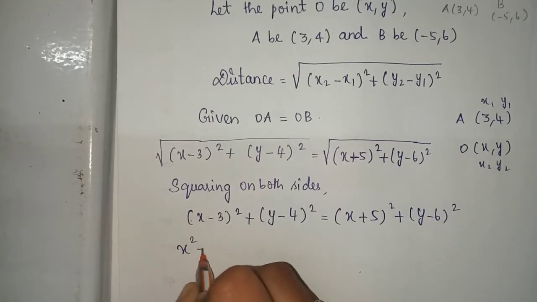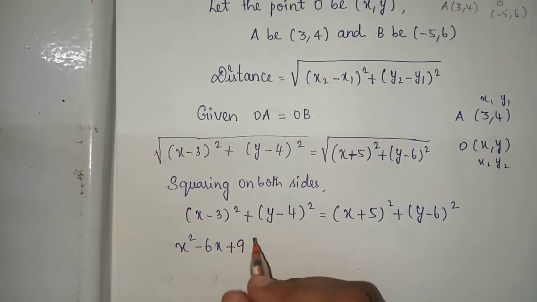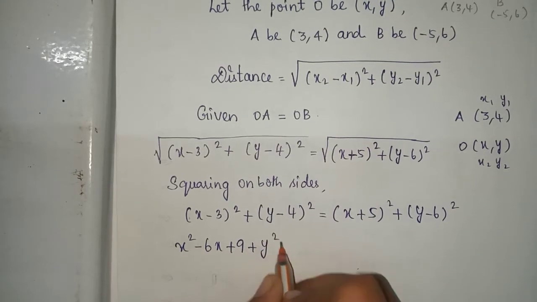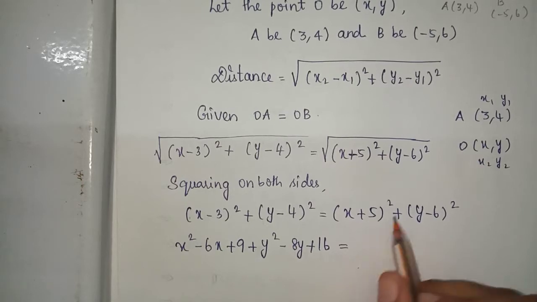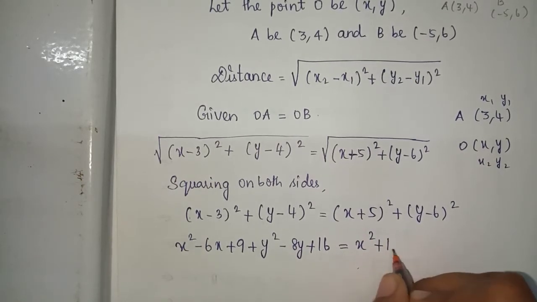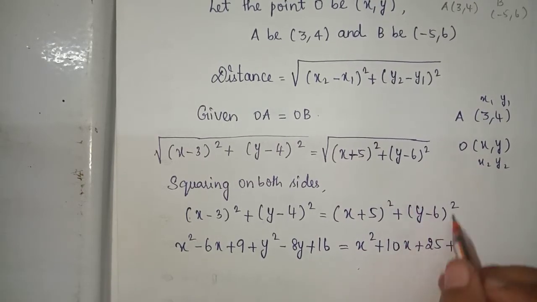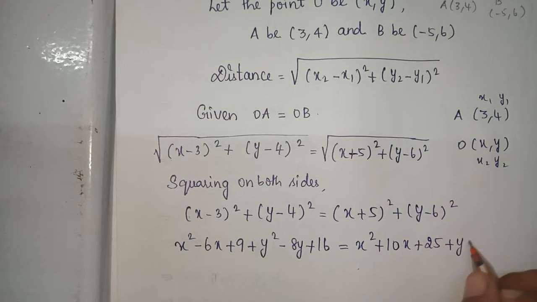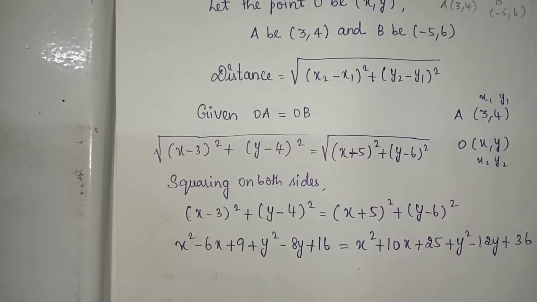So x square minus 6x plus 9. Again (a minus b) the whole square formula. So plus y square minus 8y plus 16, which is equal to, (a plus b) the whole square formula, x square plus 10x plus 25, plus (a minus b) the whole square formula, so y square minus 12y plus 36.